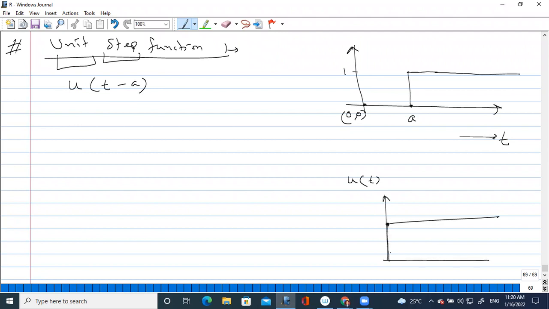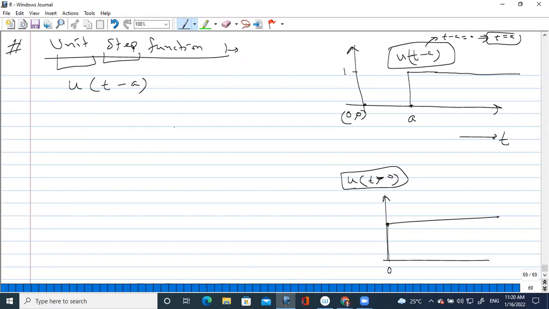So this is a unit step function starting from 0. Either you write it as u(t minus 0) or u(t). The function u(t minus a) is defined where whatever is inside is put equal to 0, so t is equal to a.